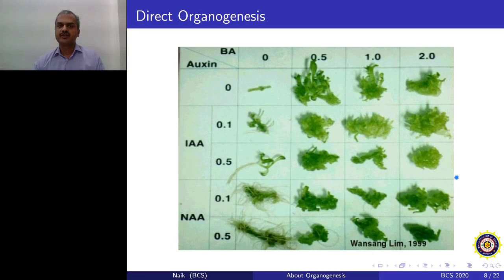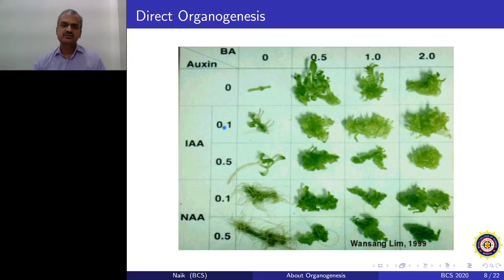So these are the different types of organogenetic phases you will achieve depending upon the relative concentration of auxins and cytokinins. And you can see this is a very nice photograph where, if the BAP concentration is 0, the explant is not showing any result. But as you increase the BAP concentration, which is benzyl adenine, a synthetic cytokinin, you will find lots of shoot formation, and the frequency of shoots also increases higher and higher with increasing concentration.